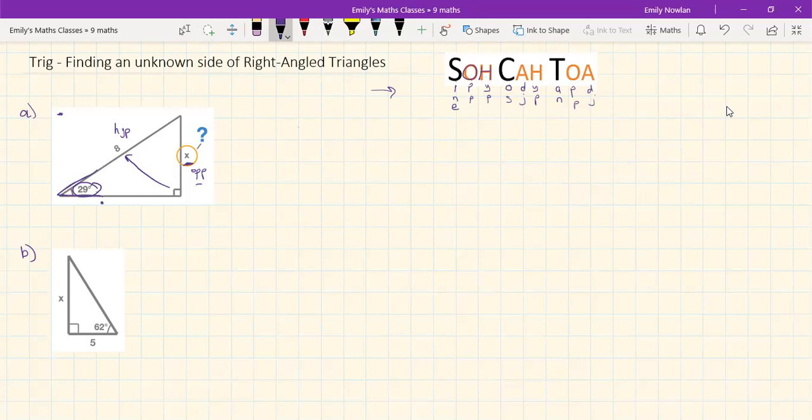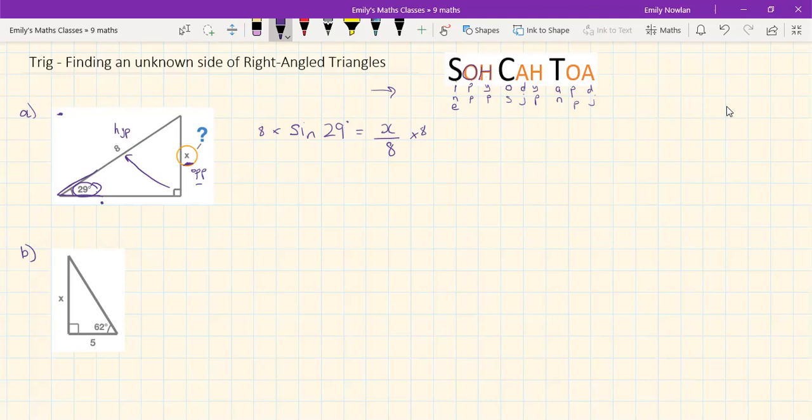We're using sine. So we have to write sine of the angle, sine of 29 degrees, is equal to opposite, which is x, over hypotenuse, which is 8. Just like you've done before, in order to get the x by itself, you want to multiply both sides by 8. Now, always check that your calculator is in degrees before you do these calculations.